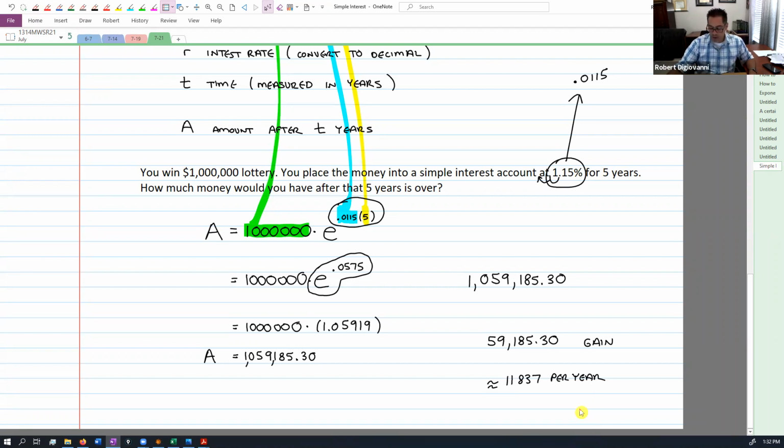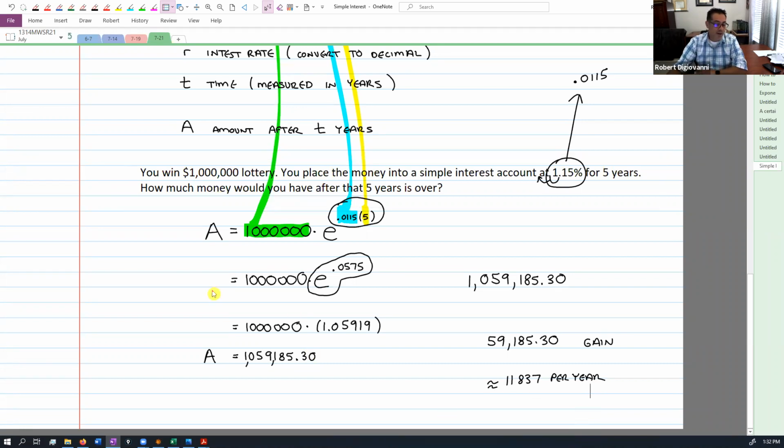Okay. So if you won $1 million and you just put it into a bank in a CD, you're gonna earn almost $12,000 a year on that money for just letting it sit there. Okay, that's not that great.